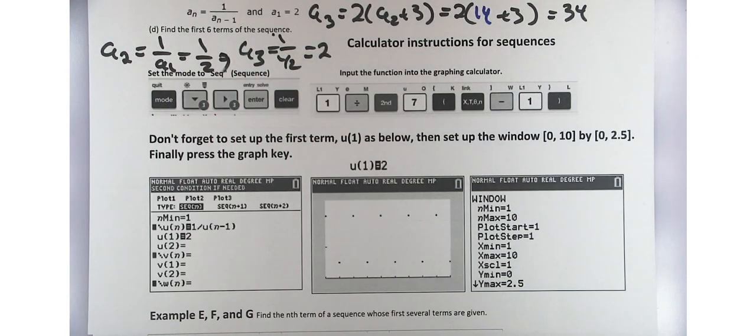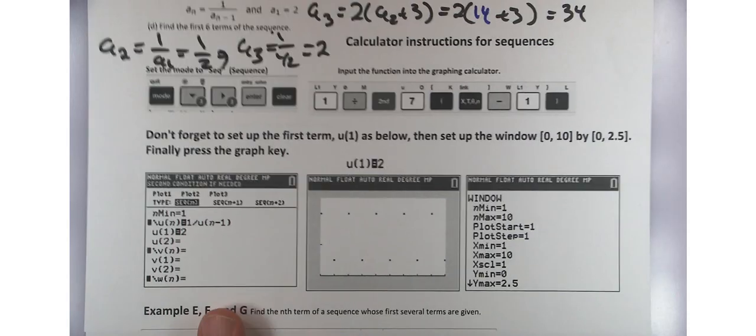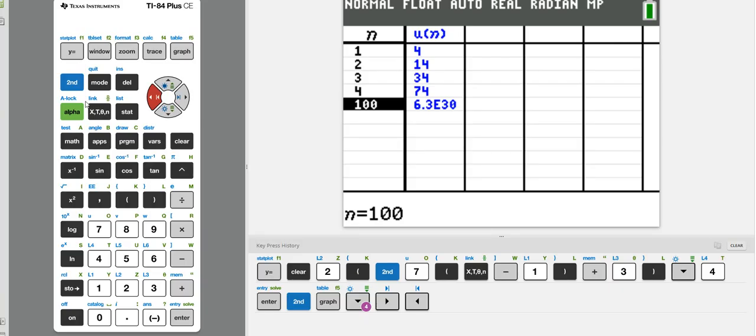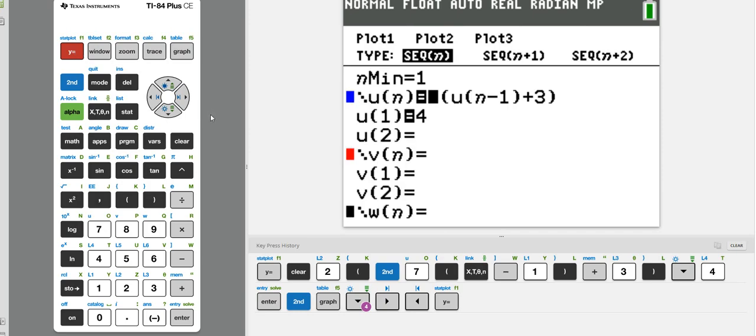If you did take the time to put that into your graphing calculator, you can graph it. So let's see what the graph would look like. So I want 1 divided by u sub n minus 1. So I'm just going to make that a divided by and basically edit my previous command.